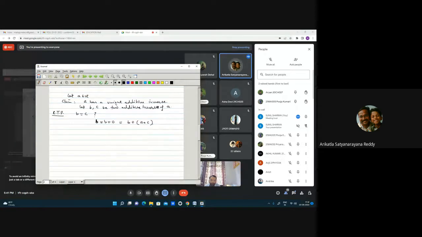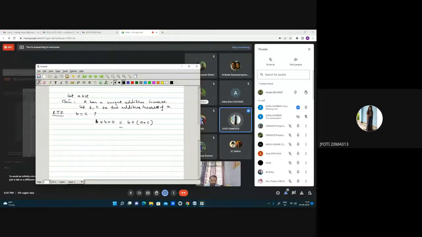That is done. Yes, after this, what is the next step? By associativity, we can write B plus A, right, plus C. Okay, written. What is after that? We can write B plus A equal to 0. Yeah, that you can write. Actually, it is given.